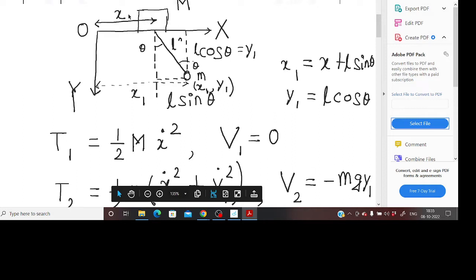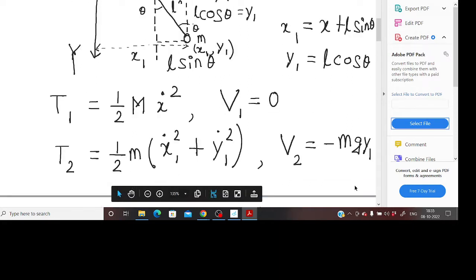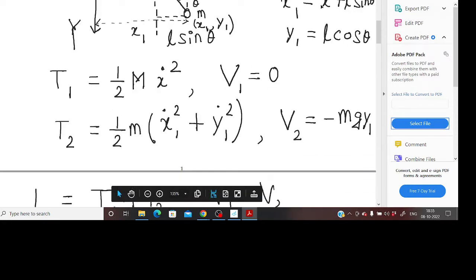Because I have said the mass capital M is at 0 potential, and the mass small m is at a lower position than this position, so there will be a minus sign, right? And here I have used x1 equal to x plus L sin theta and y1 equal to L cos theta. I have just replaced them here.